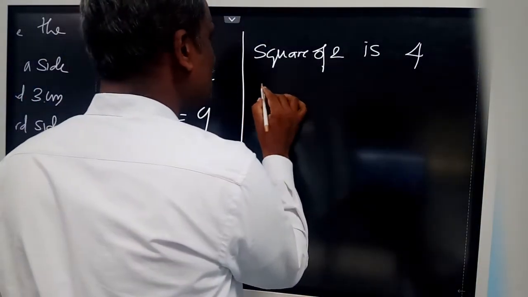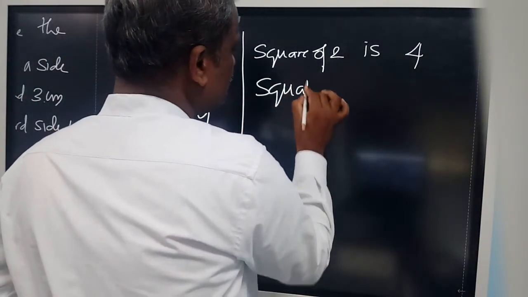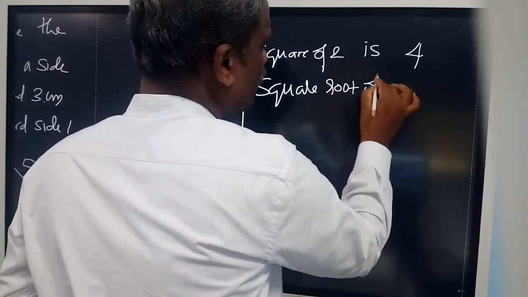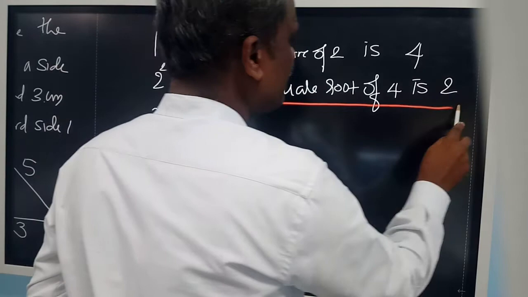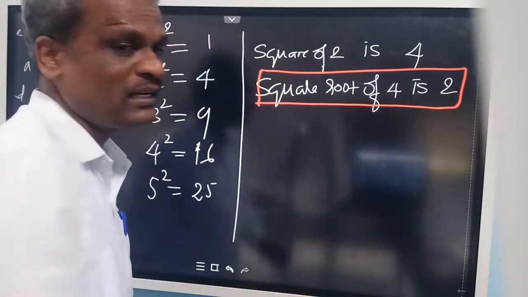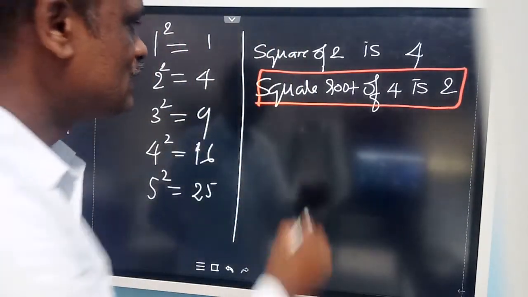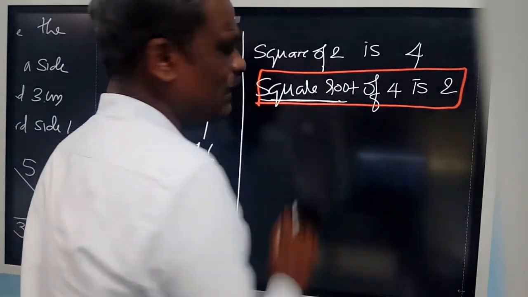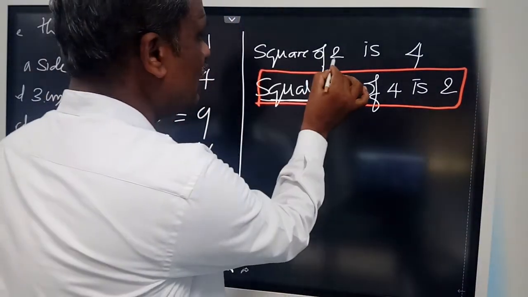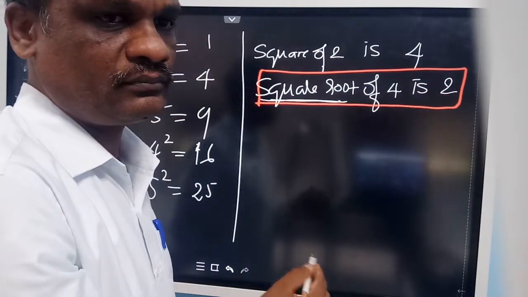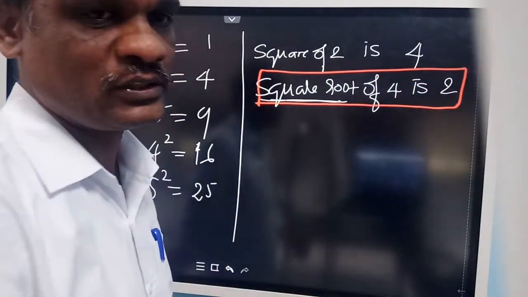So we call the square root of 4 is 2. So this is the reverse operation of squaring of a number. Square root is nothing but the reverse operation of squaring of a number. Squaring of 2 is 4. Square root of 4 is 2.